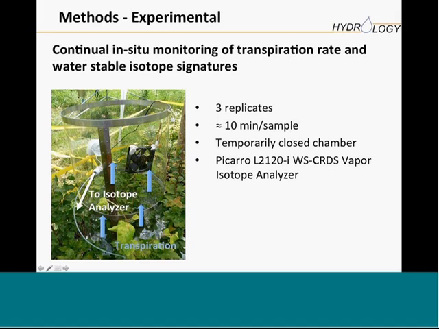For the plants, we used a temporarily closed chamber, so we put a chamber over the different plants. We closed that, measured around 10 minutes per sample, did a Keeling plot estimation of the source water, compared that also to leaf water that we measured simultaneously, and had 3 replicates at each of the sites.